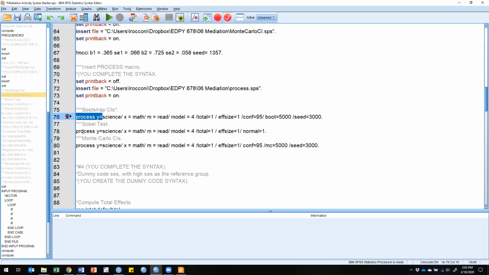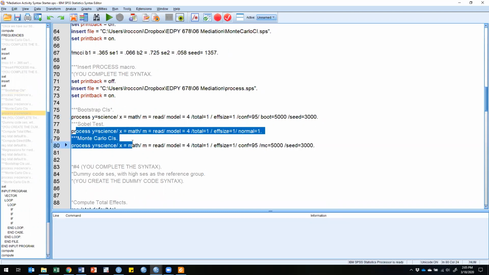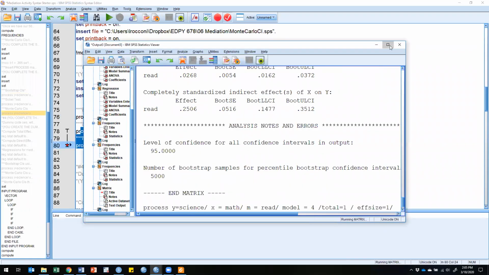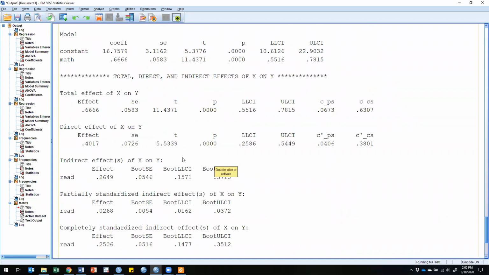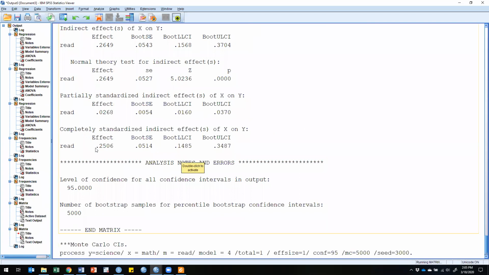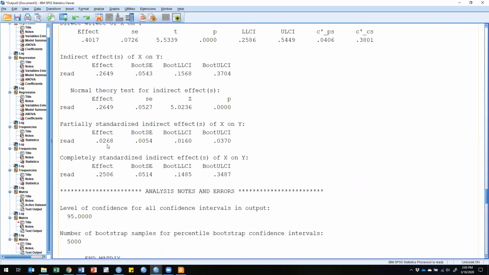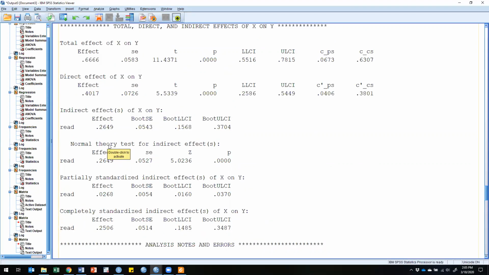You can do the same thing. Here's the Sobel test and then the Monte Carlo confidence intervals. You'll see that the output is very similar for each one of these. Here's the normal theory test with indirect effects. That's the Sobel test.